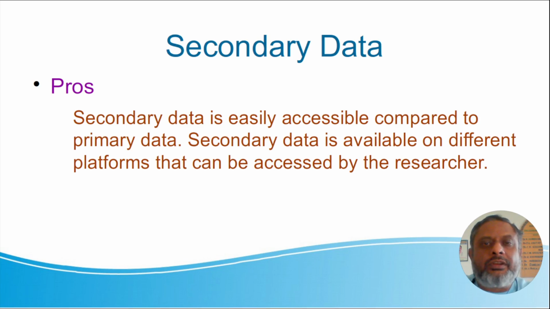So it's going to be a costly affair. We need to spend a lot of resources, a lot of money, a lot of time for collecting the primary data. But on the other side, the secondary data is already available because somebody else has already done this for us. So it's available. We just use it.